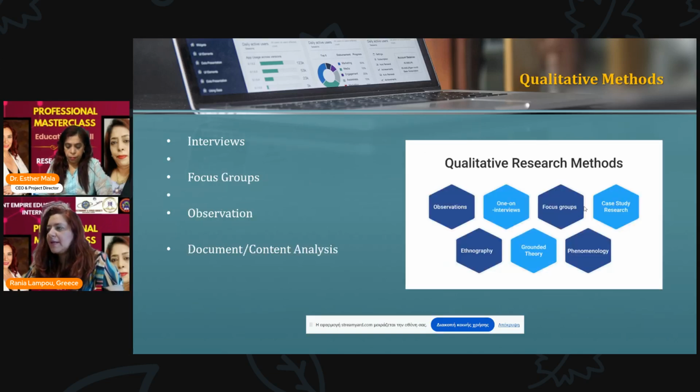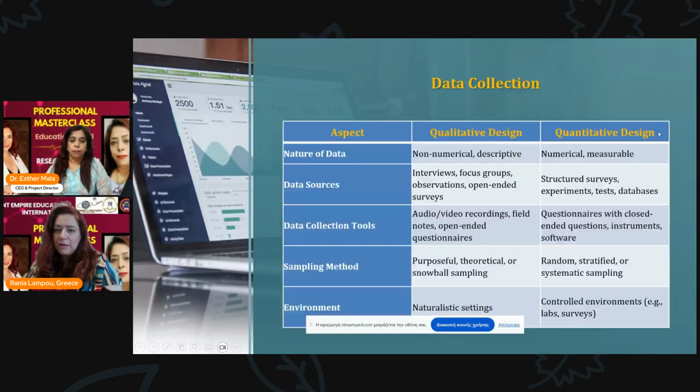Qualitative methods, on the other hand, include interviews, whether structured, semi-structured or unstructured, focus groups, group discussions to explore shared experiences, observations, systematic watching and recording of behaviors, and document and content analysis. This means analyzing text, media, or records.